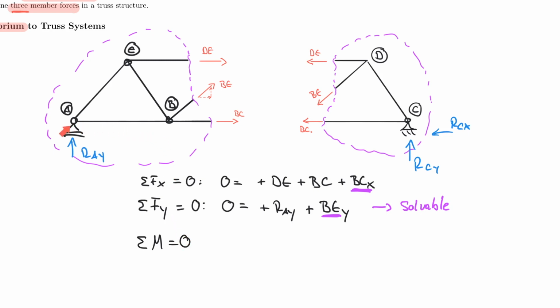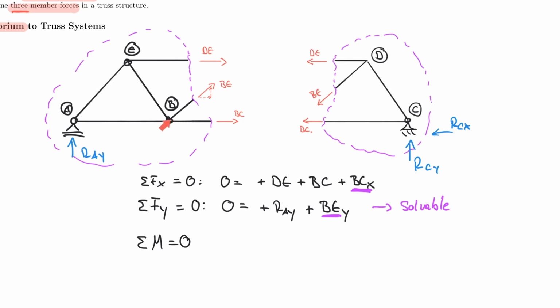And if we look at that, we have 1, 2, 3 unknowns, but 2 of them meet in one point. And in fact, you can tell that from the way I named them. So there's BE and BC. They share one letter, the B, and therefore they get together at this point.